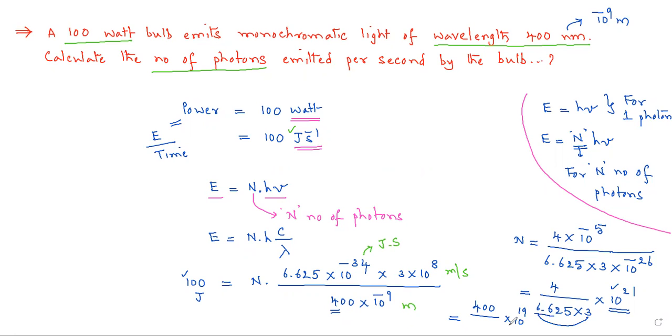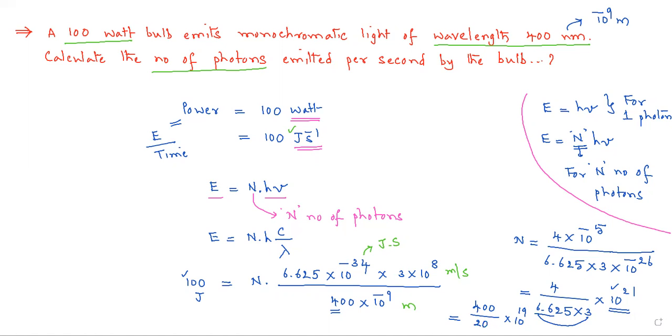Now, this 6 into 3, or let us take 6.6 into 3. 6.625 can be taken as 6.6. 6.6 into 3 is roughly 20. 19.8 is what you get, so let me take it as 20.